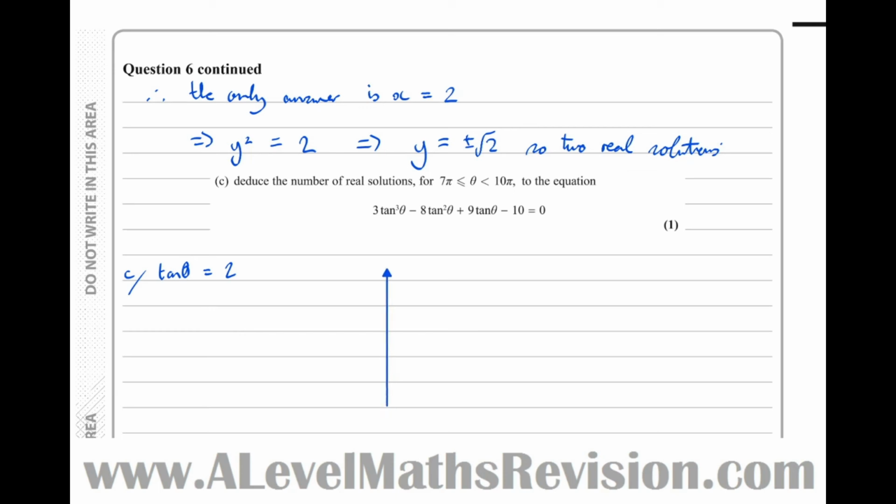So we know tan theta is a periodic function. It looks like this. So there's an asymptote. So it repeats every pi radians. So let's start this graph at 7 pi. Well, there's 8 pi. And let's keep going until we get to 10 pi.